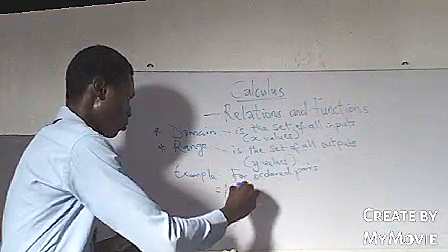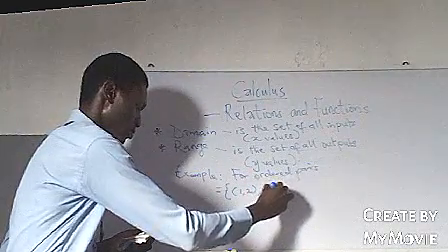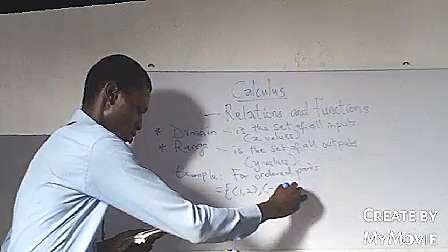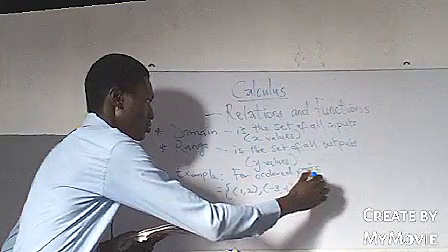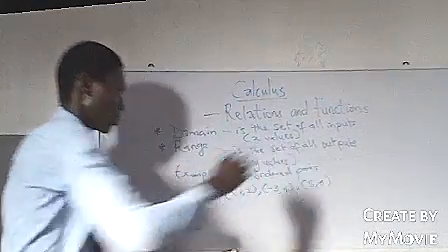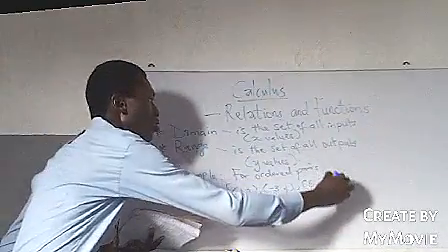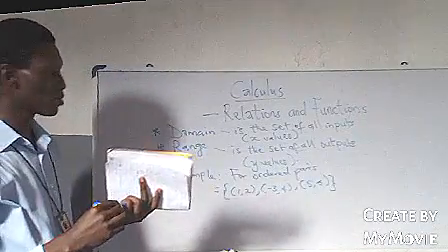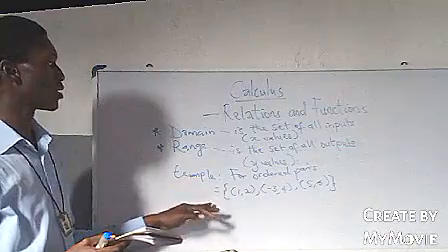We have (1, 2), and then we have (-3, 4), and then we have (5, 6). Now this is already an arranged pair, so we call it an ordered pair.